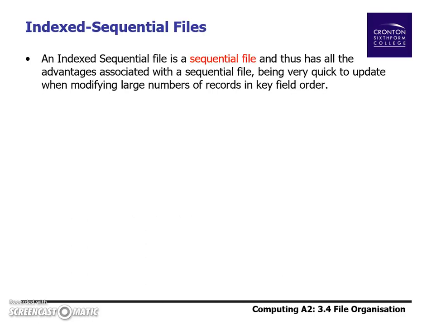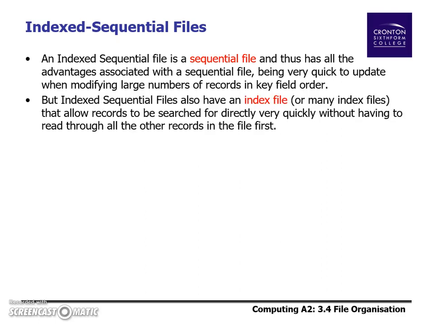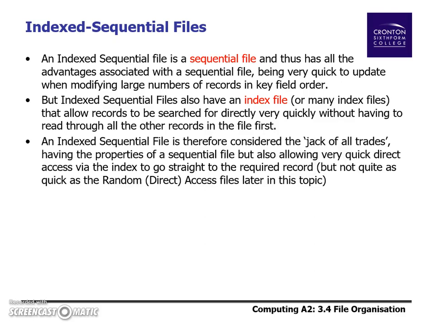So an indexed sequential file is a sequential file and thus has all the advantages associated with it, being quick to update, modifying large numbers of records in key field order. But index sequential files are slightly different and also have an index file or many index files, which allows records to be searched for directly very quickly without having to read through all the other records in the file first.